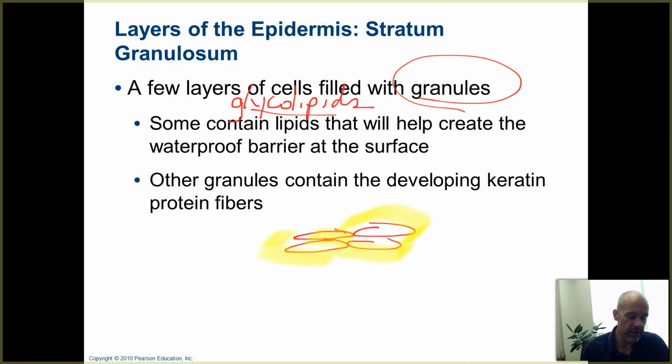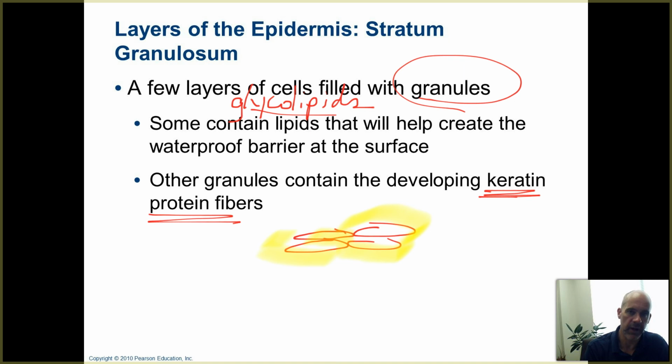Other granules in the cells of the stratum granulosum contain these developing keratin protein fibers. Pretty much these cells just become big sacs full of keratin and these glycolipids, and at this point they're in the process of dying.